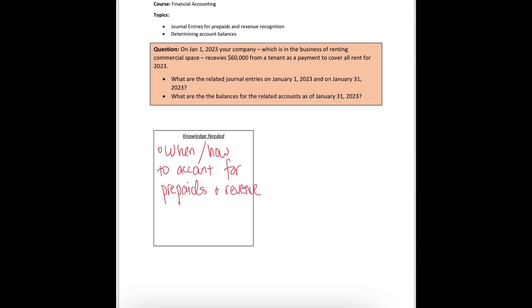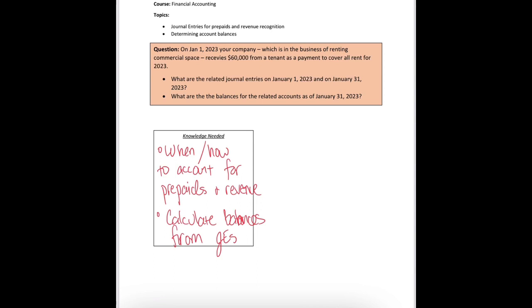Second thing you're going to need to know is how to calculate balances from essentially a list of journal entries.